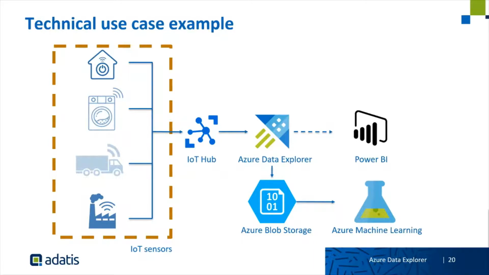You can then do whatever you like within Azure Data Explorer and even export that data, save it inside the blob storage for instance, for data scientists to pick up and build Azure machine learning models over them. And you can also, in the meantime, feed any data, if you want, to Power BI separately. So those are all ideas of how Azure Data Explorer can fit in, even within existing data architectures.